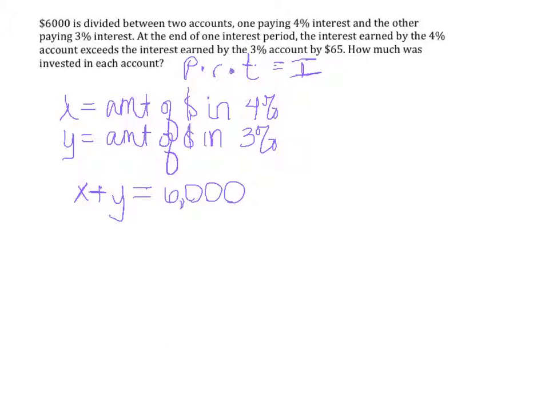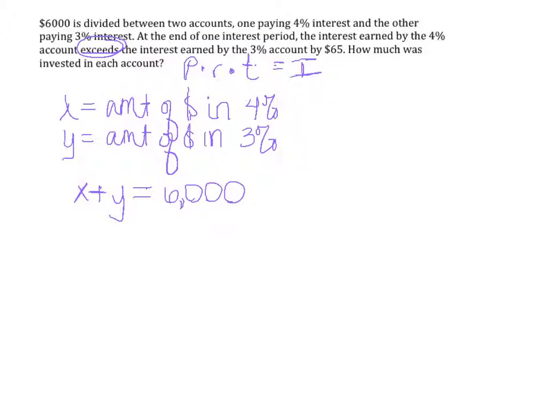Now, the tricky part says at the end of one interest period, so we're going to consider our time to be one interest period, the interest earned by the 4% account exceeds the interest earned by the 3% account by $65. So we need to figure out what that exceeds has to do with our equation.